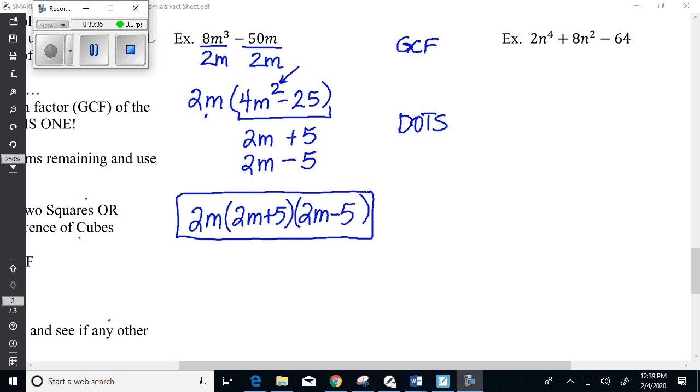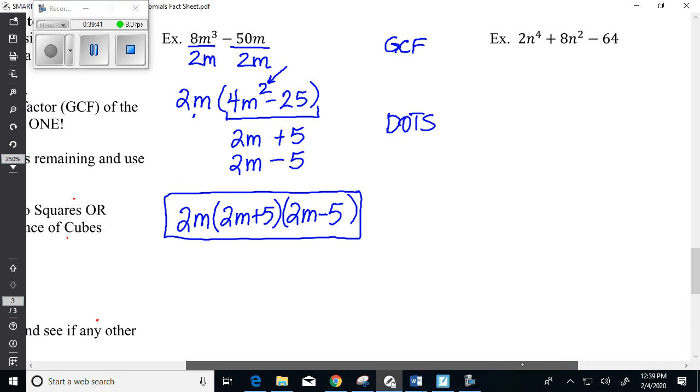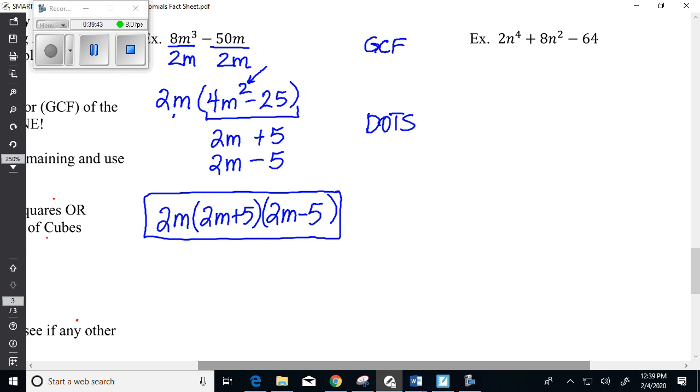2n to the 4th plus 8n squared minus 64. So again, the same rules apply. First rule of all factoring is GCF, greatest common factor. We look at each term. You have a 2, you have an 8, you have a 64. So everything is divisible by 2.